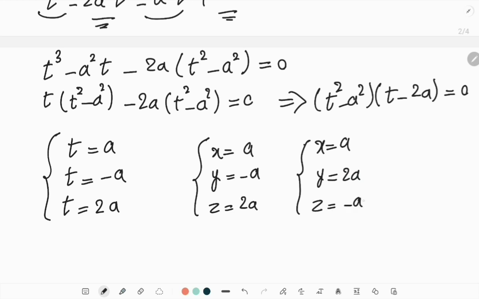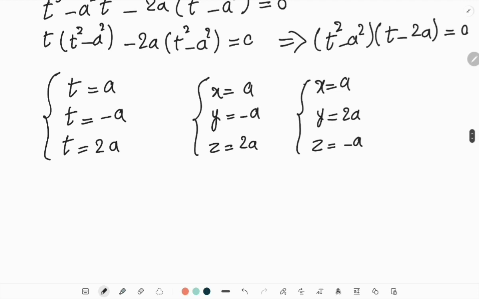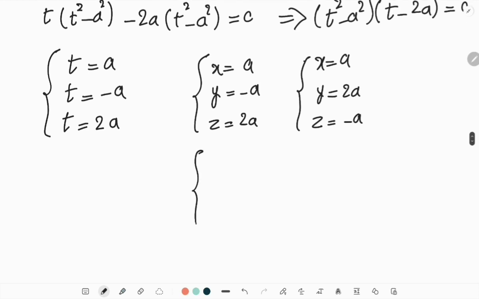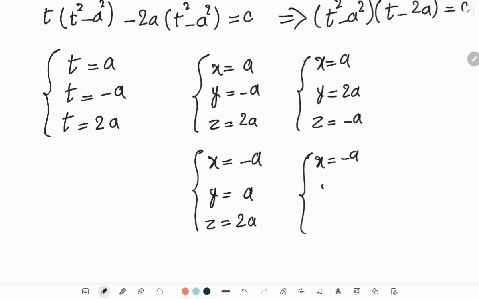But I can also say x is a and y is 2a, switching y and z, and z is minus a. So these are two sets, but there is more. I can also say x is minus a, y is a, and z is 2a, or x is minus a, y is 2a, and z is a.